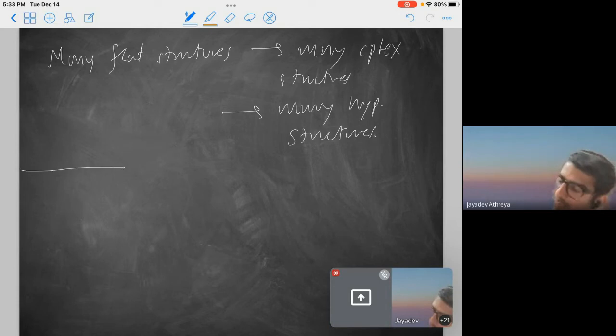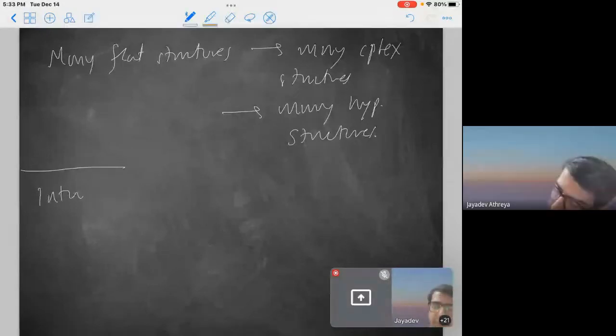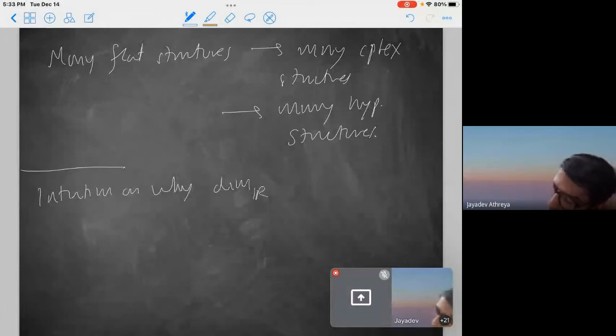Okay, but I also promise at least some information on why this dimension, for instance.